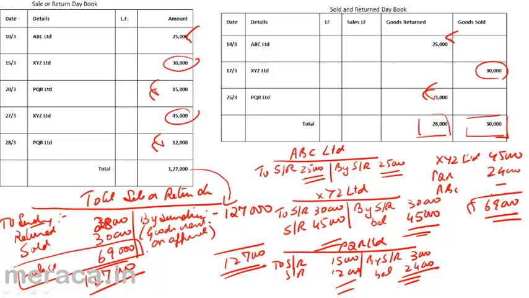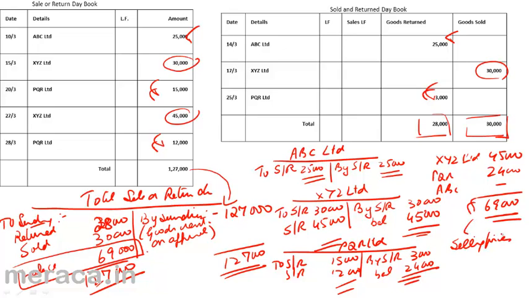So 69,000 is the total as shown in the total sale or return account. Individually, we know that XYZ Limited has 45,000 of our goods which we sent to him on approval, and PQR has 24,000 of the goods lying with it being goods sent on approval. The total is 69,000. However, these are at selling prices.